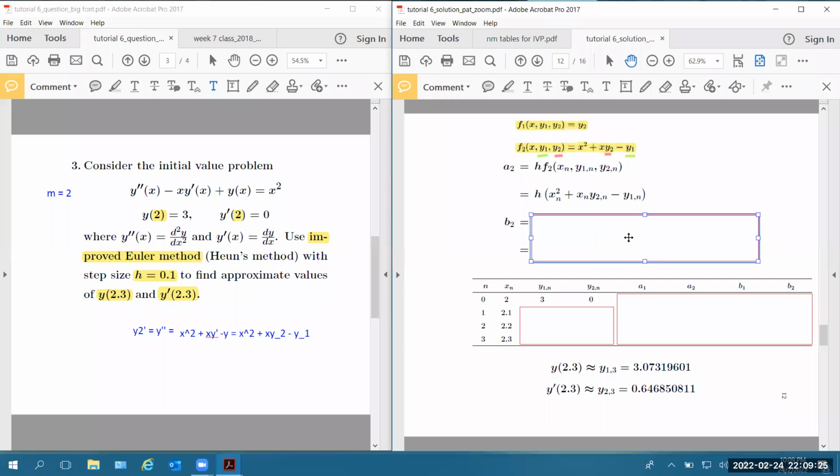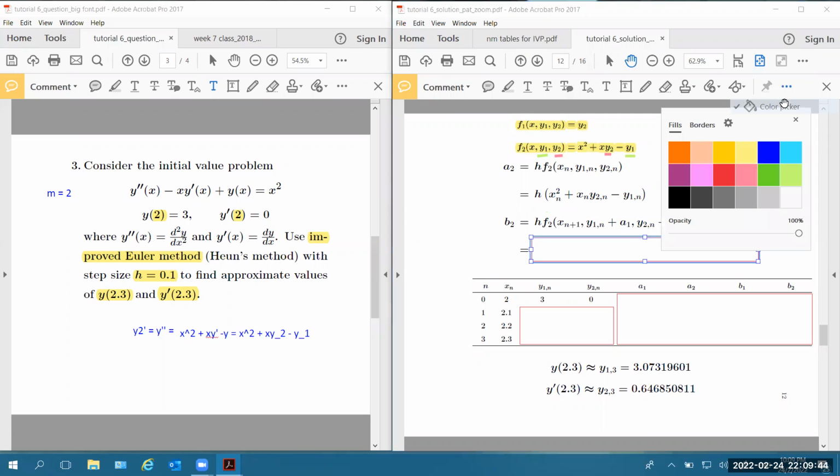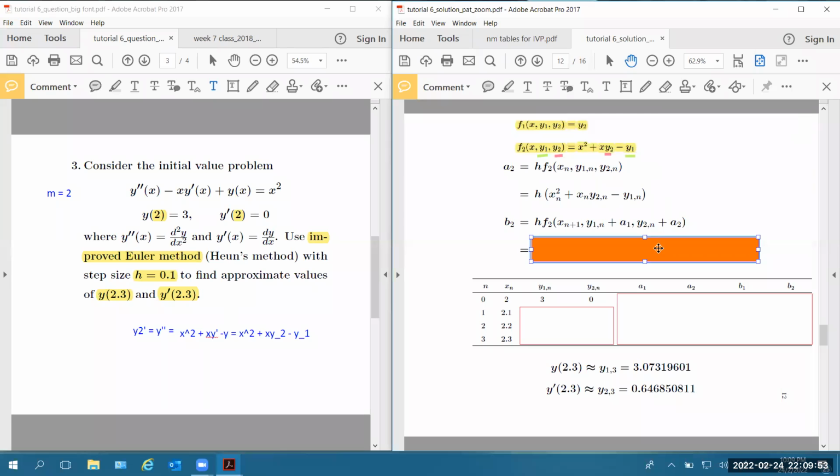Now let's look at b2. So b2 will really test whether you really understand or not. So b2 is like that, right? Follow your f2, follow this rule. So how will that be? The first thing is x squared. How come the whole thing becomes like that?